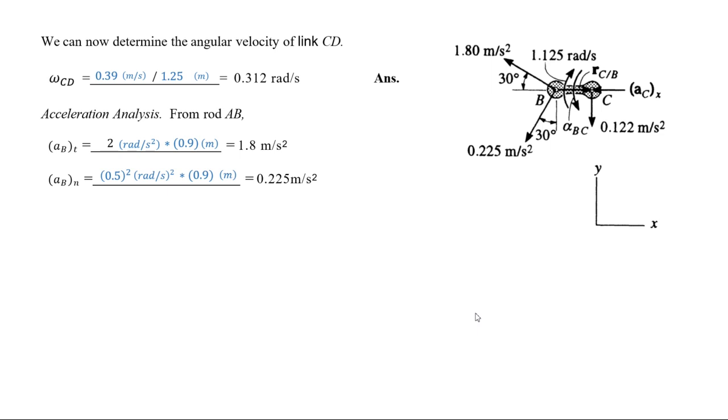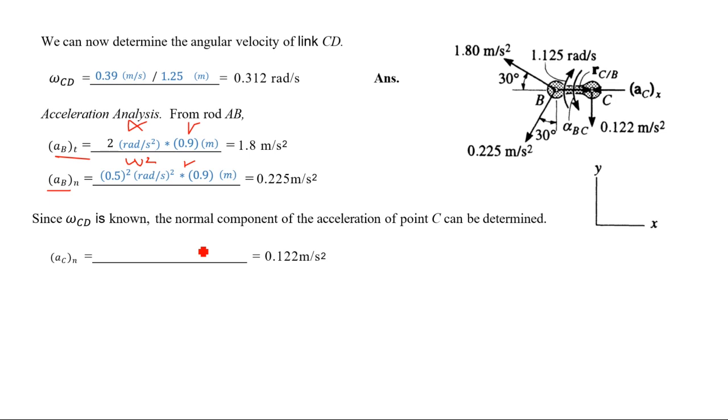Now let's go back to the acceleration analysis from the rod AB. We can calculate the tangential and the normal accelerations. For the first one, it's going to be alpha multiplied by the r. For the second one, it's going to be the omega square multiplied by the r. That's for the normal, that's for the tangential.